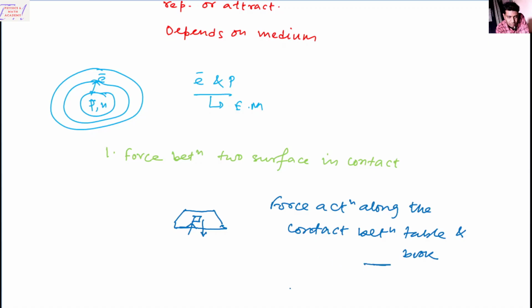Here you can say that the particles, let us say particles of the book, or the atoms and molecules of the book, and the atoms and molecules of the table play a major role, and the force between them is electromagnetic force.